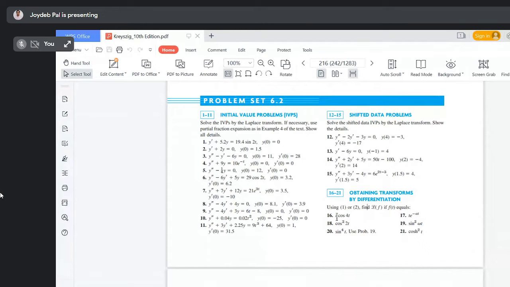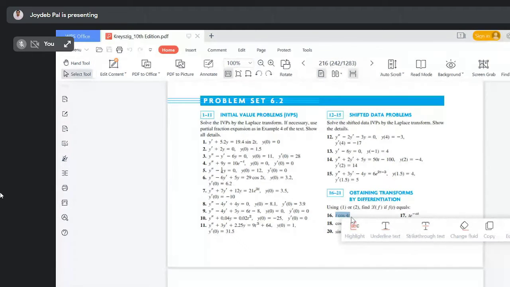So here, if you differentiate it one time, you will get t sin 4t, and some other term also will be there, right? And if you differentiate it again, then you will get t cos 4t. So you do it.